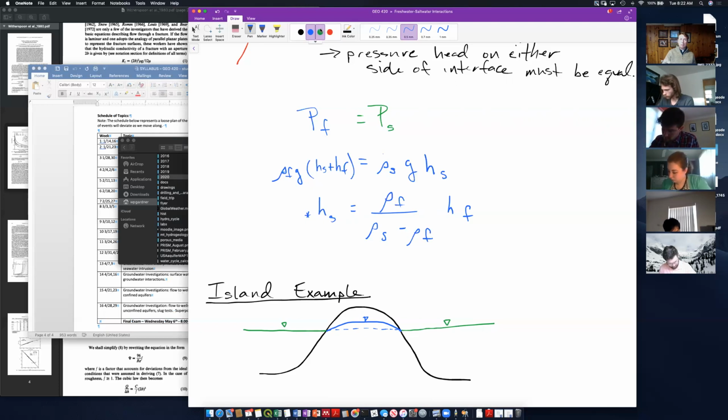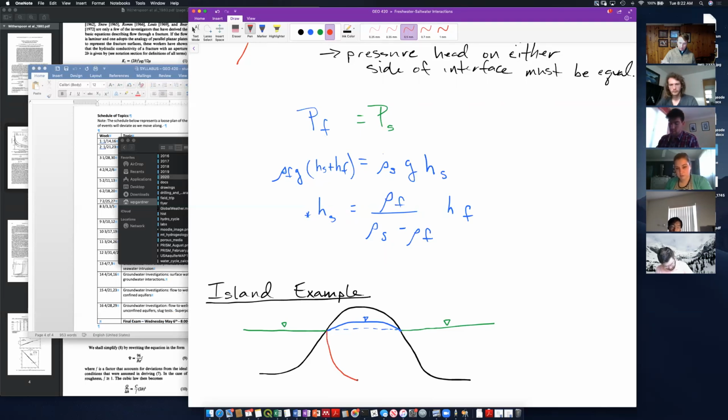And at any place here, my freshwater saltwater interface is given by this equation, H sub S is equal to rho F over rho S minus rho F times H sub F. And so what you get is an inverted curve that's amplified.